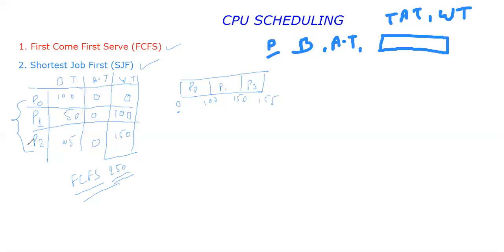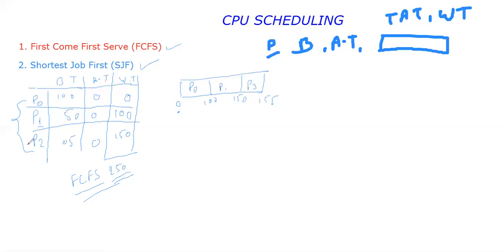This is similar to a situation where suppose five persons have come to a shopping mall. The manager of the shopping mall will ask all five how much time they want to invest or spend in this shopping mall.